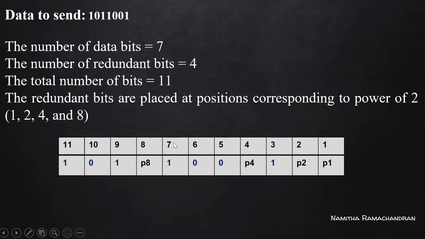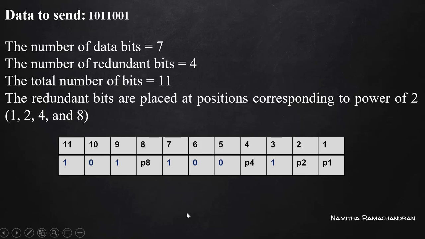And these three are not a power of 2, so here we can place this 0, this 0, and this 1. Again, here we can place the fourth and last redundant bit required. And here we can place the next bits of our data, this 0 and this 1. So this is the full sequence of data that we are going to transmit after appending the redundant bits along with the data.